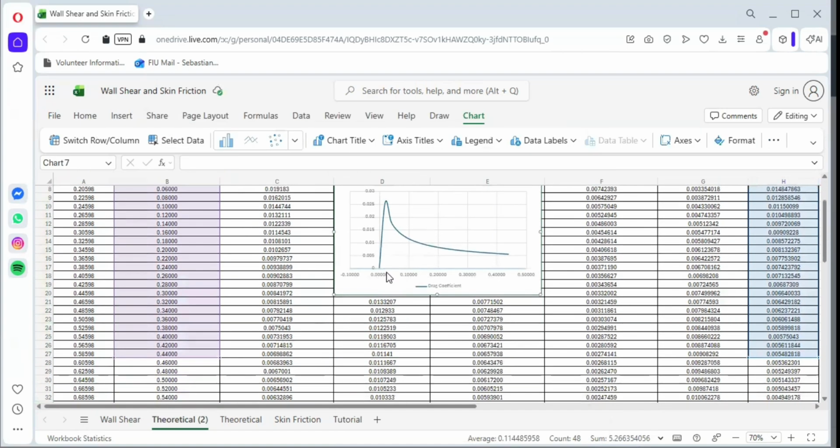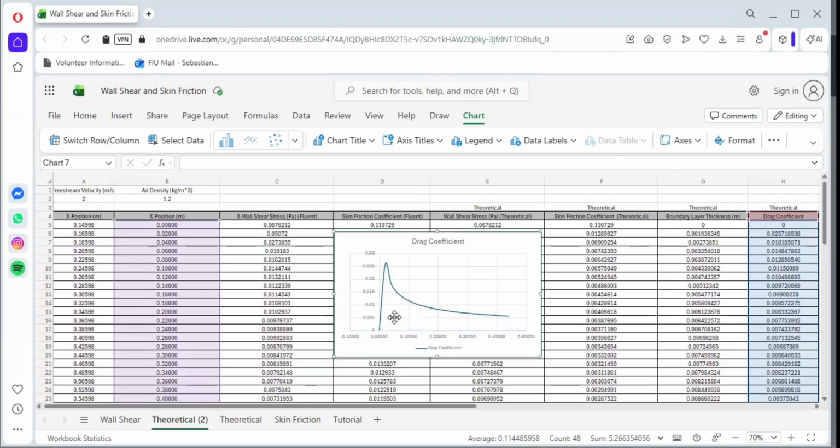And here we have it. For this one, I just left it at 0, but we can get rid of that, and we see that the drag coefficient starts and then starts decreasing and then levels out at the end.